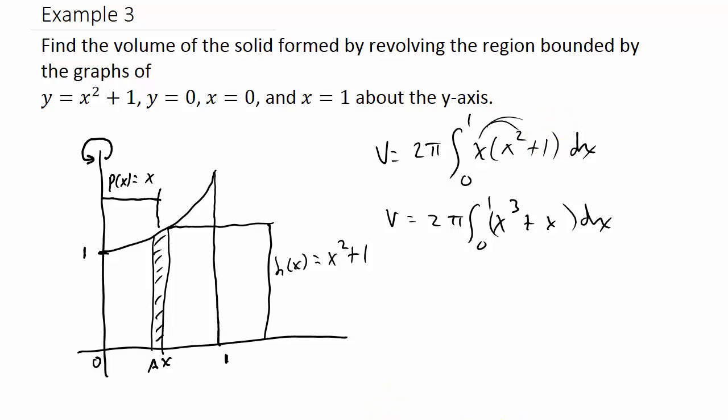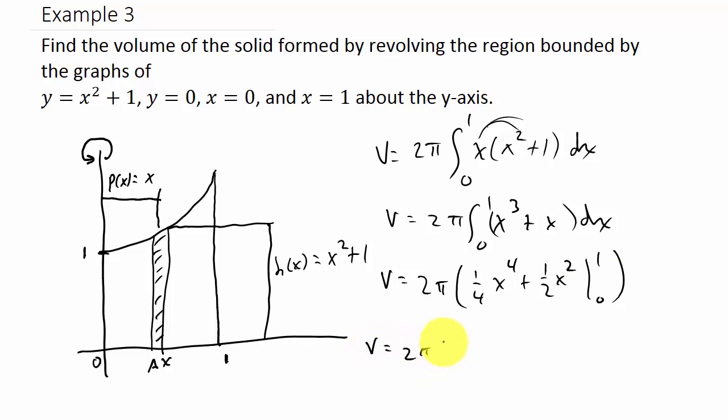And so I get my volume is 2 pi times, and that's going to be 1/4 x to the 4th plus 1/2 x squared, from 0 to 1. Okay, and so the volume is 2 pi times 1/4 times 1 to the 4th plus 1/2 times 1 squared, minus, and then I have to plug the 0 in.